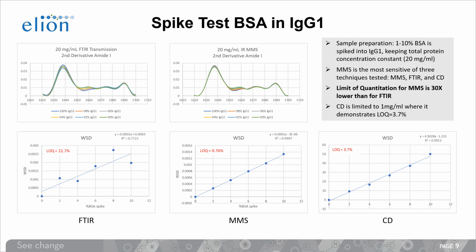In comparison, MMS yielded a limit of quantitation of 0.76%, so 30 times better sensitivity than traditional IR methods. On the right, we have CD, which could not measure the solution at 20 mg per mil, so the measurement was taken at 1 mg per mil, where it yielded an LOQ of 3.7%.